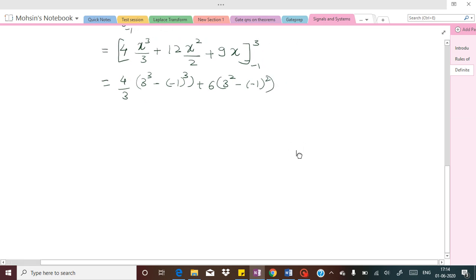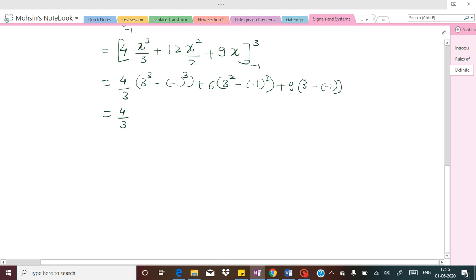Finally, for the third term it is 9 times 3 minus of minus 1. Now when we simplify this, let me keep 4 by 3 as it is. 3 cubed is 9 times 3, which is 27.